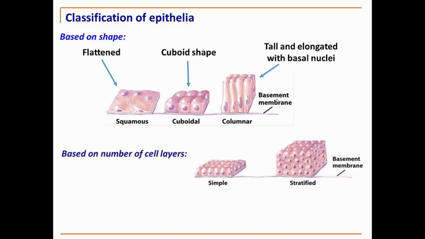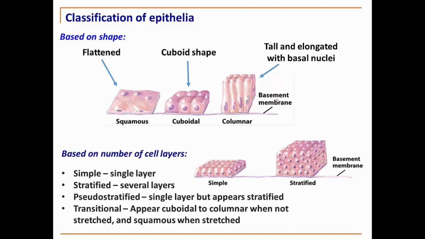So we've classified our epithelium based on shape. We can also classify them on the number of cell layers. Okay, so we can be simple, which by its very nature has just got a single layer, you can see that, and stratified, where we have several layers. But as well as that, you have what is called pseudo-stratified. And really what that is, it's a single layer of cells, but it looks like it's got lots of layers.